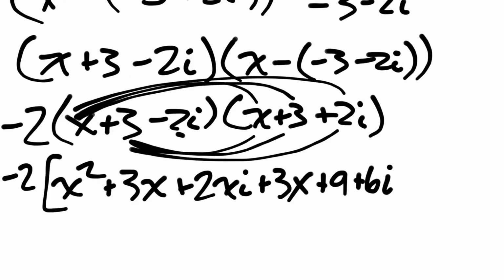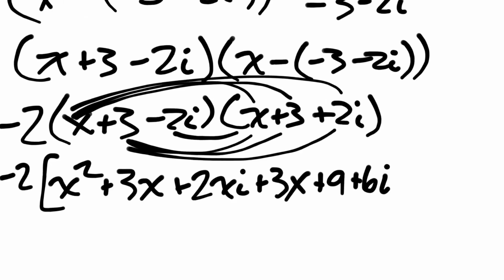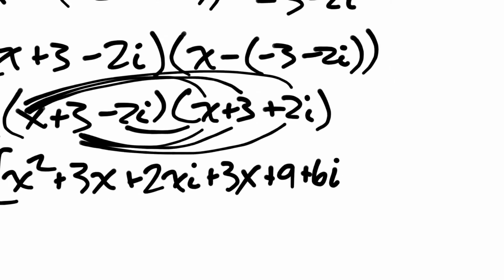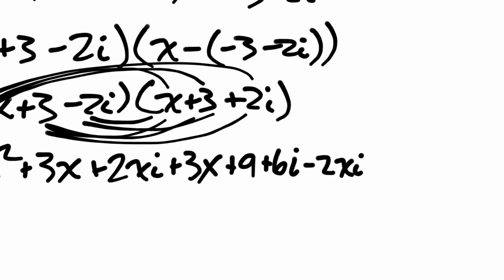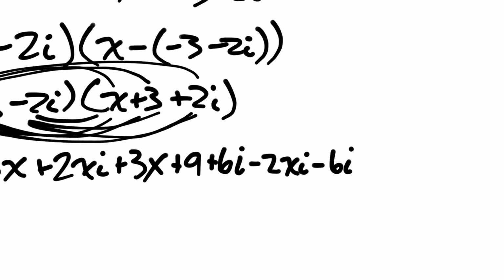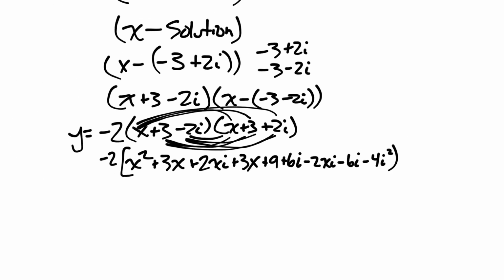Last term, -2i times x is -2xi. -2i times 3 is -6i. And lastly, -2i times positive 2i is -4i squared. And all of this messiness is being multiplied by -2.